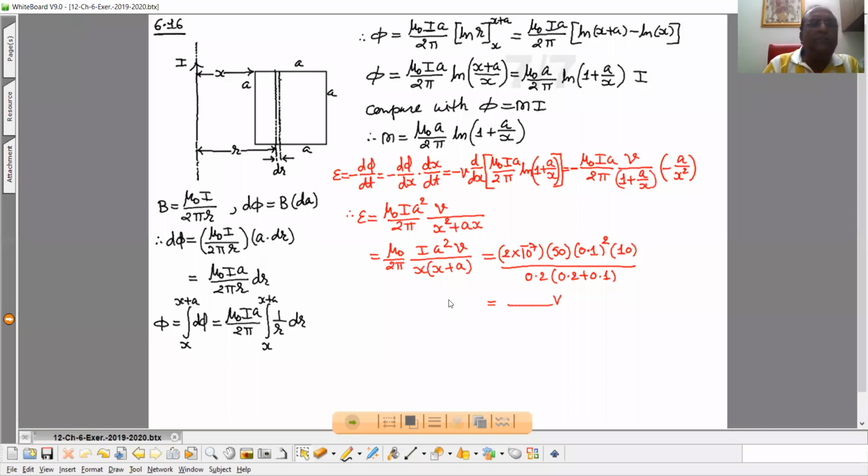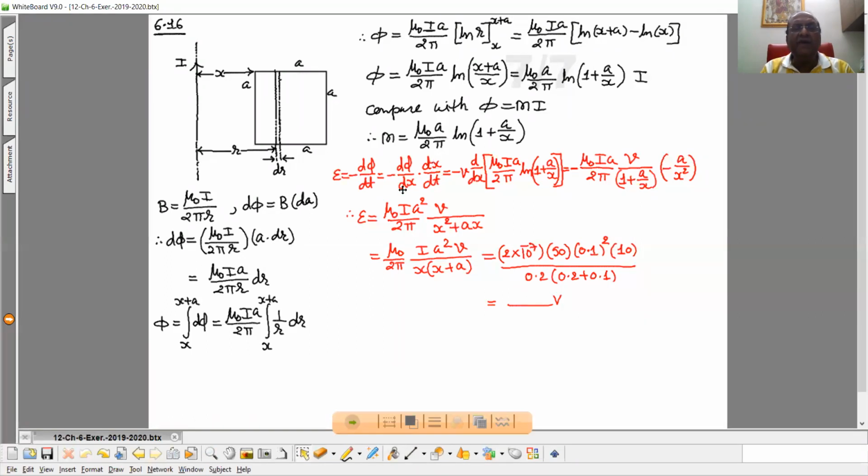Now if your loop is moving with velocity v, then we have to calculate the EMF induced, because if this loop is moving with velocity v, then the flux associated with it will change. Now E is minus d phi by dt.